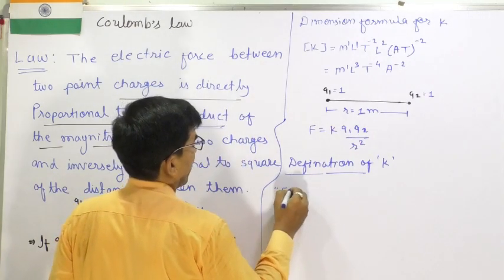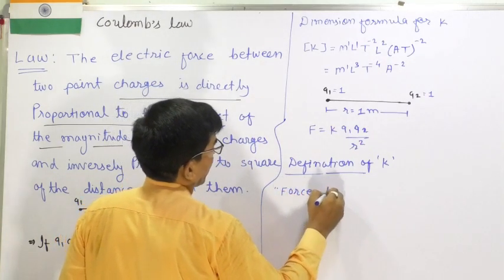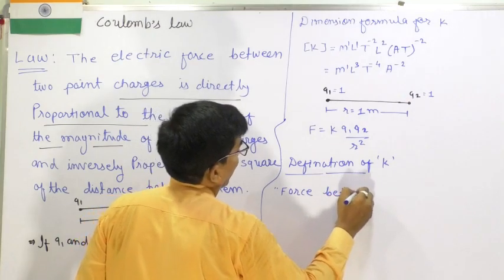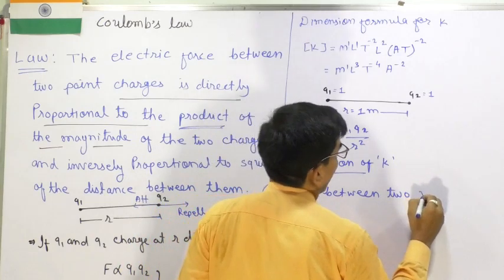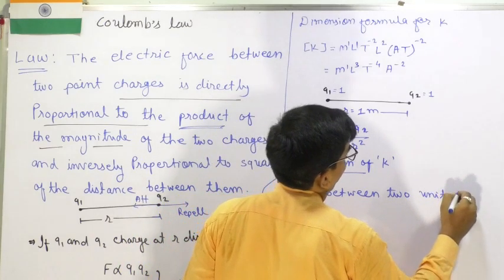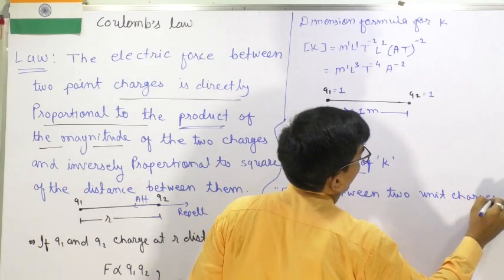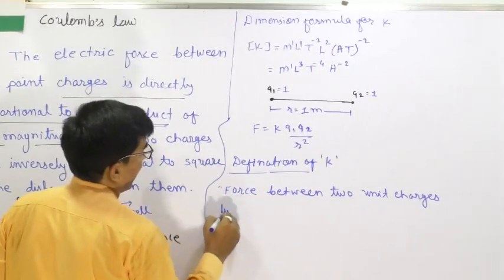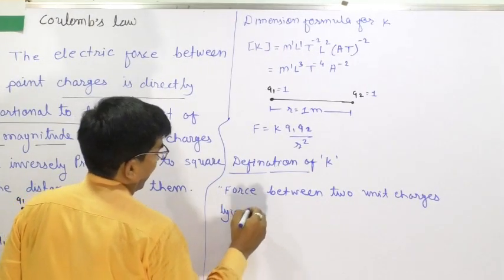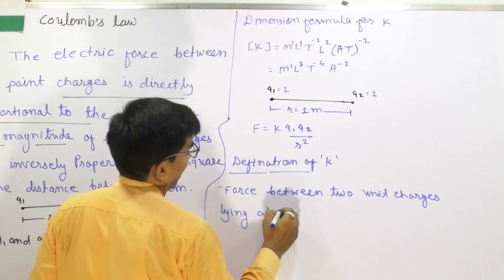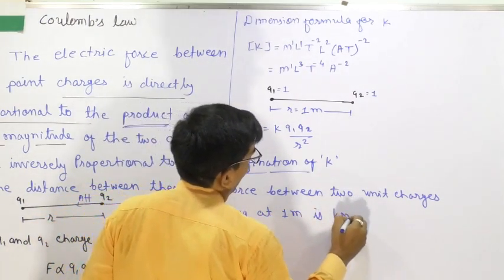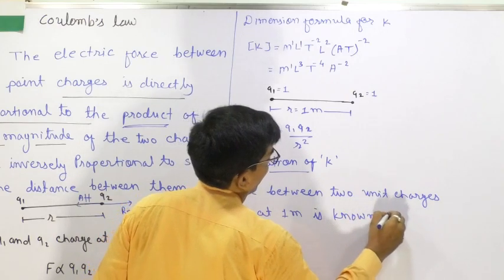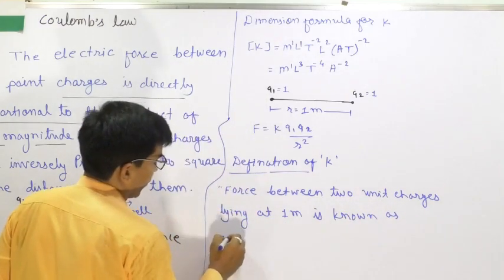So the force between two unit charges lying at 1 meter is known as Coulomb's constant.